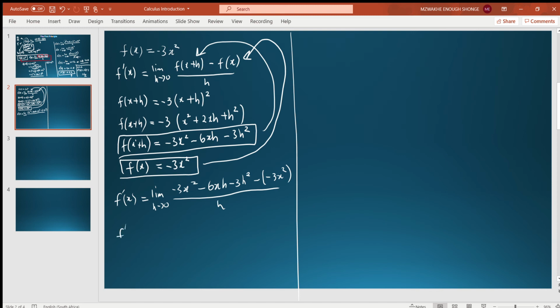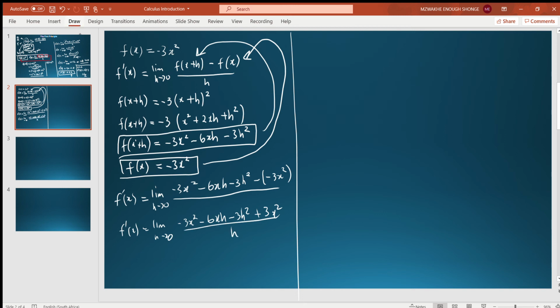So f prime of x equals the limit as h approaches 0 of, you rewrite everything, minus 3x squared minus 6xh minus 3h squared plus 3x squared all over h.